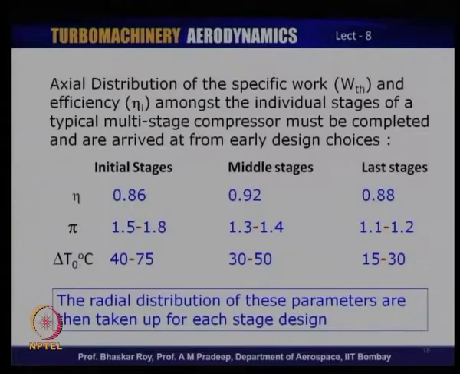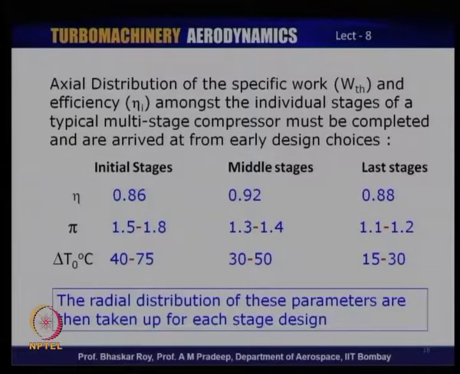Now, delta T0 of course, is a measure of the work input, and as a result they like to put in more work to get more and more pressure ratio, which is easier to get at the initial stages because of the low temperature operation. In the middle stages, you put a middle amount of work and you get a reasonable amount of pressurization.